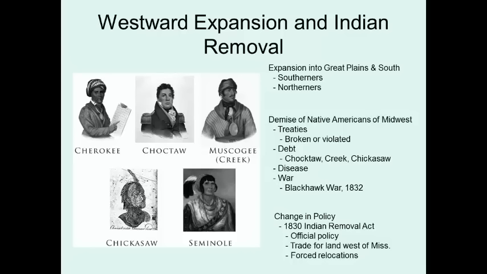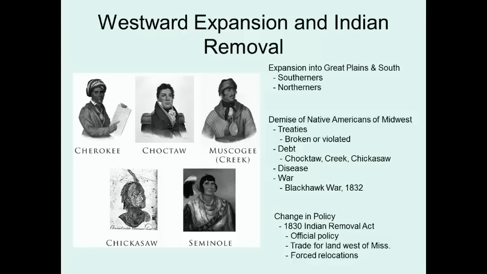So this act did a few things. First, it allowed the federal government to trade land west of the Mississippi for land east of the Mississippi. In other words, they're going to take Native American land in the east and instead give them some land in the west.